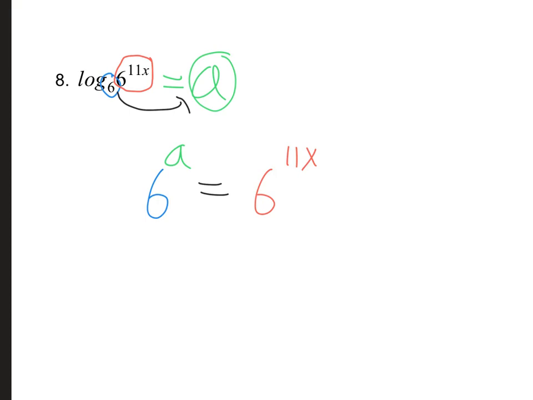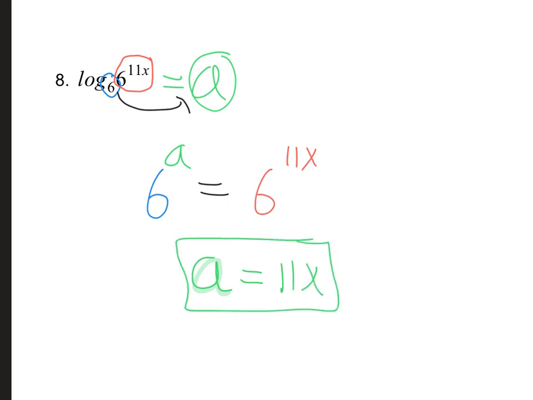What is a going to be equal to? Well, 6 to the 11x can only be equal to what's over here if a equals what? Well, a's got to equal that 11x. So a equals 11x.